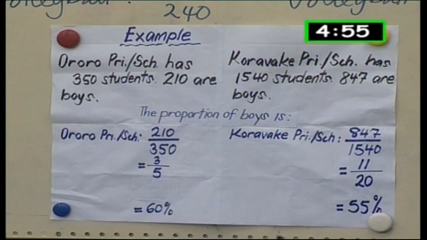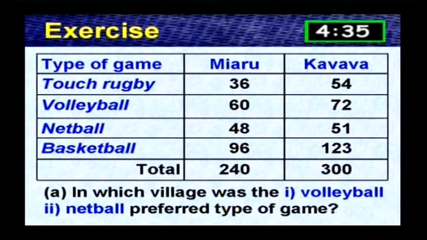Use this idea from this example to find the preferred game, to find which village preferred the most game, or the game of volleyball. Is it Meru or Kawawa?